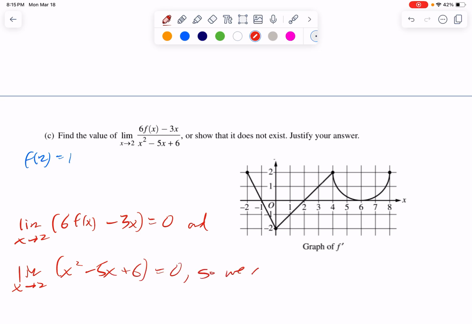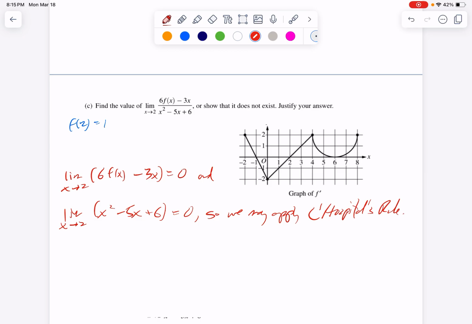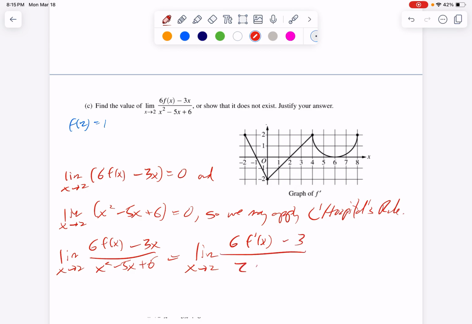So we may apply L'Hopital's rule. We can take derivatives. It's the limit as x approaches 2 of 6 times f prime of x minus 3 over 2x minus 5, and let's try plugging in again.